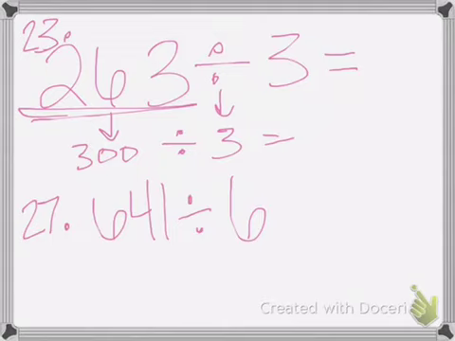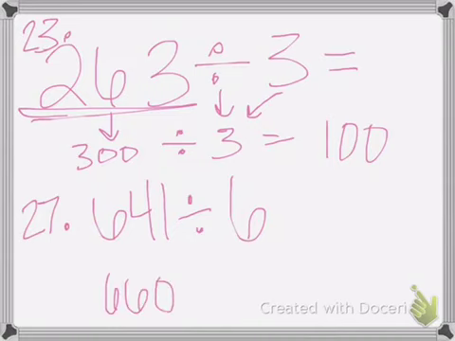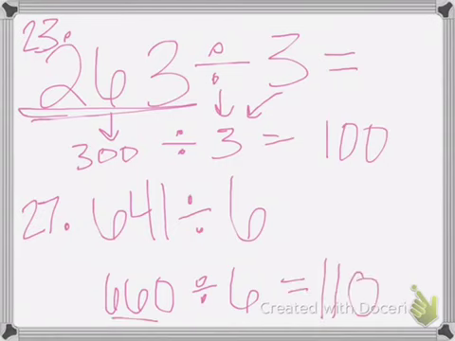So I can easily change it to 300. Drop down my divide sign, drop down my 3. 300 divided by 3 is 100. Then do that with problem number 27. 641 divided by 6. What can 6 easily go into? Well, 66, because 6 times 11 equals 66, and then we have to add that 0. So you should get 110.